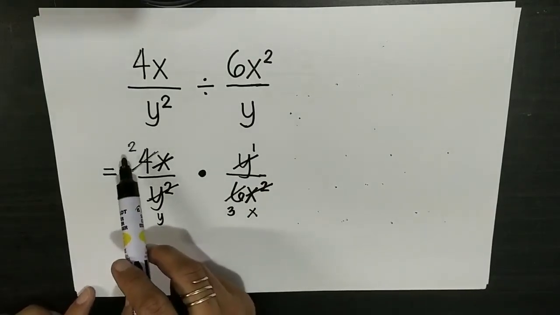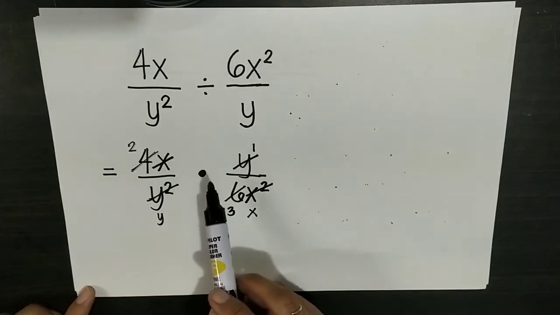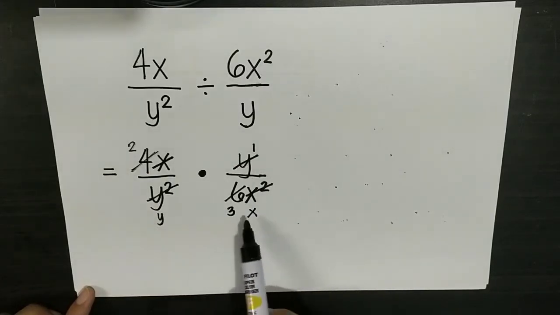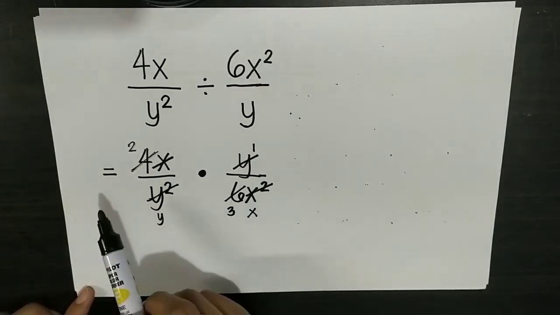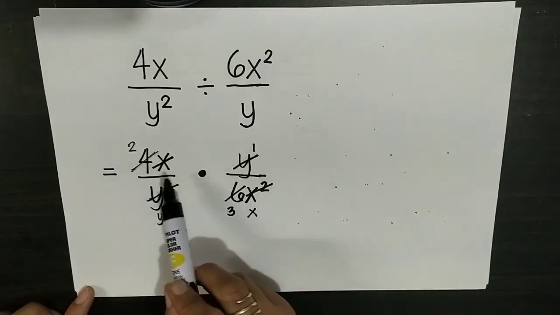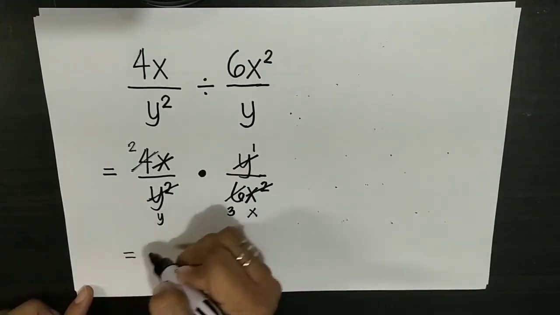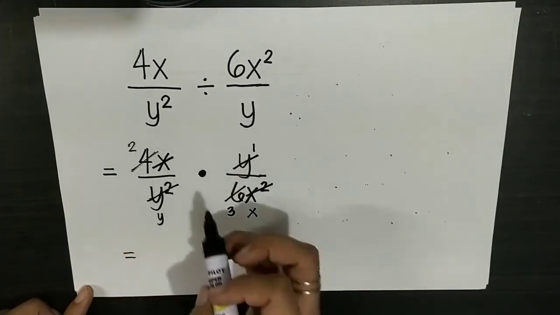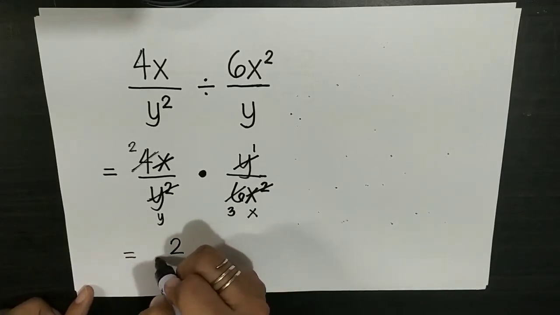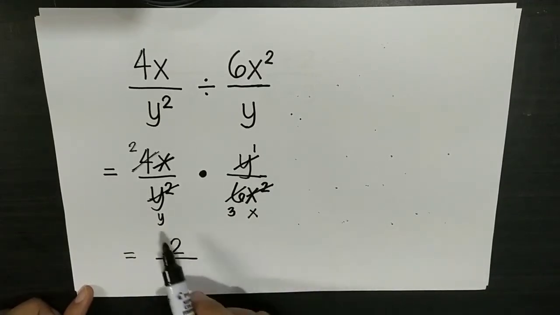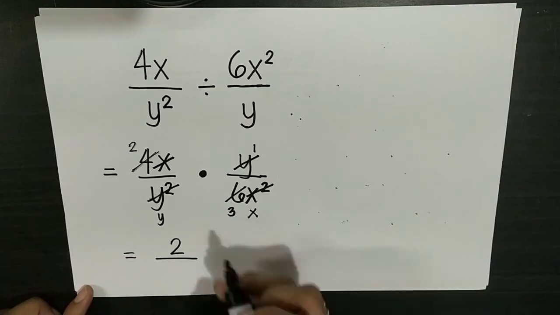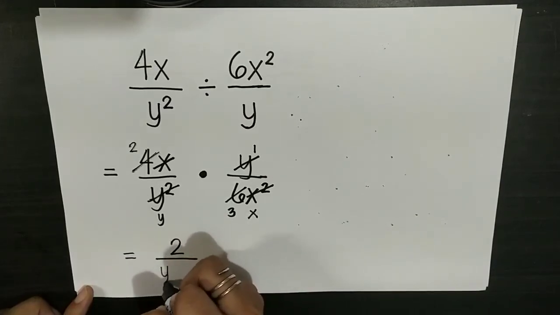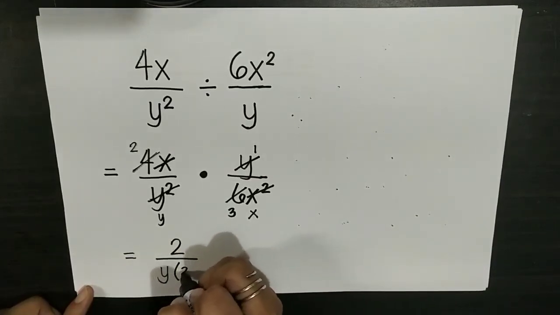Now we have 2, 1, y, 3x. So we will multiply now the numerators. We have 2 times 1 is 2 over y times 3x.